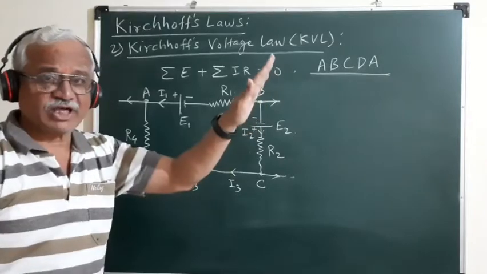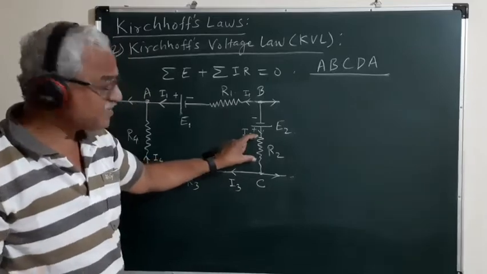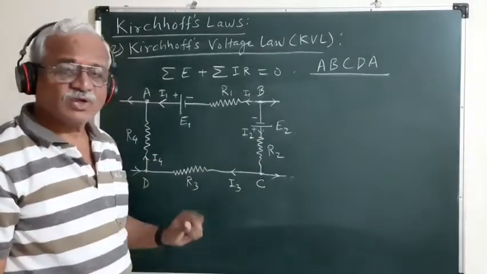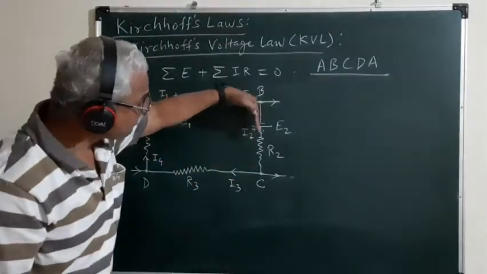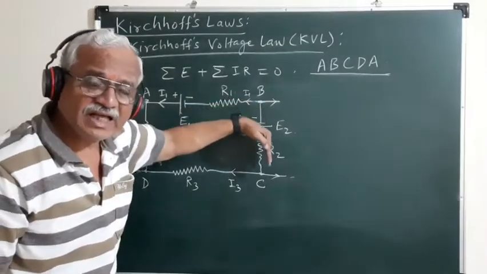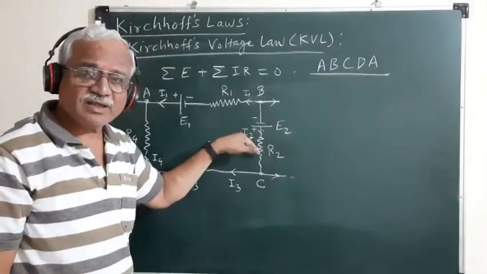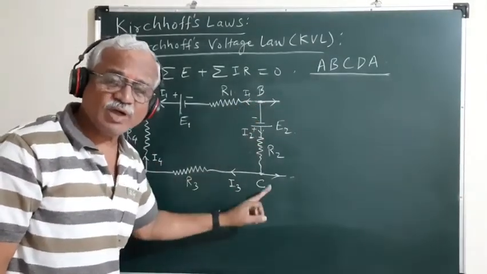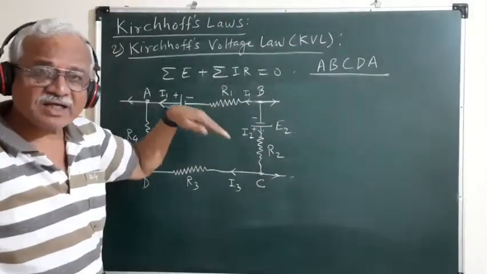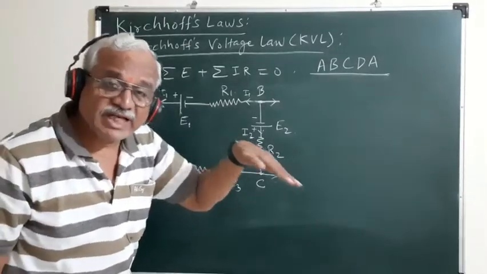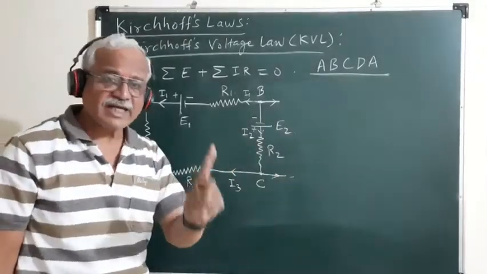Similarly, the potential drop across this resistance R2, that is I2 R2, should be taken as negative because this branch of the loop is traversed in the direction of current flowing through this resistance R2. As we know, current always flows from a point at higher potential to a point at lower potential. So while traversing this branch, we are traversing in the direction of decreasing potential, so the product I2 R2 must be taken negative.